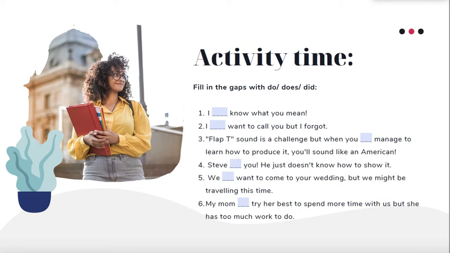If it's present simple, you have to choose between do and does for he, she, it. And if it's past simple, it's did for any subject. So you want to emphasize that you know something. I know what you mean. This is a neutral sentence. Neutral. I know what you mean.